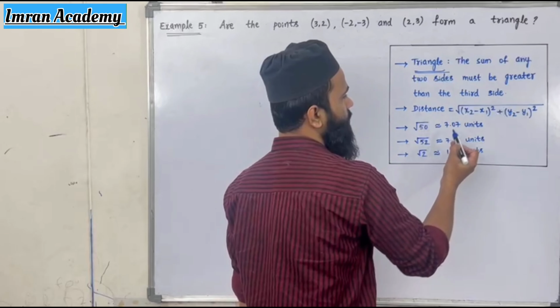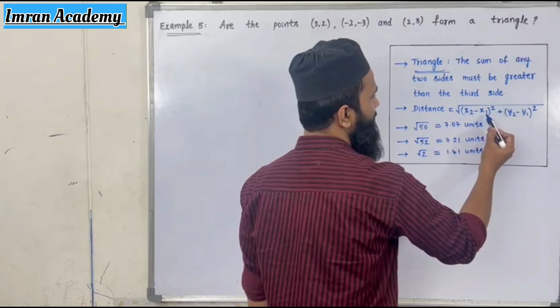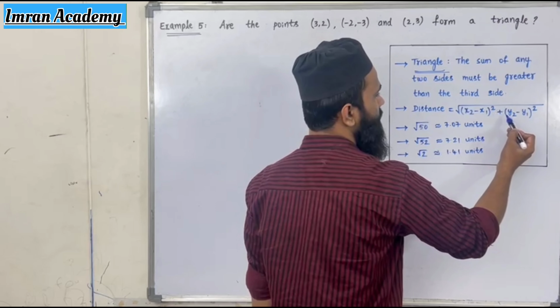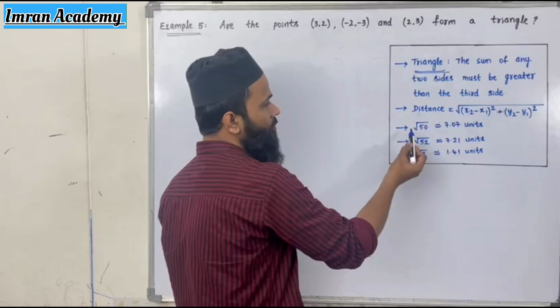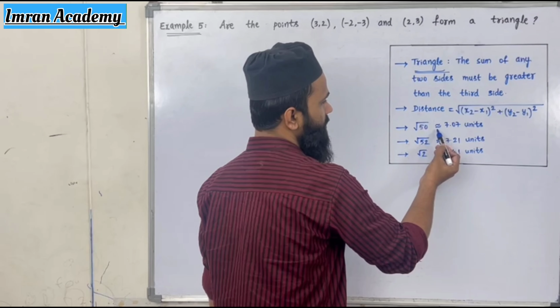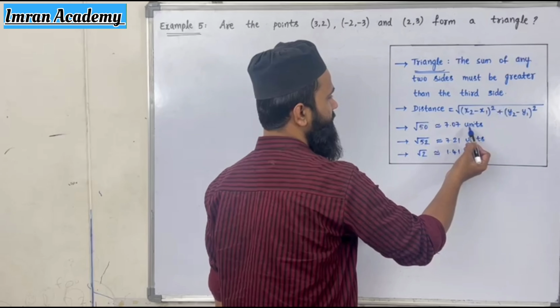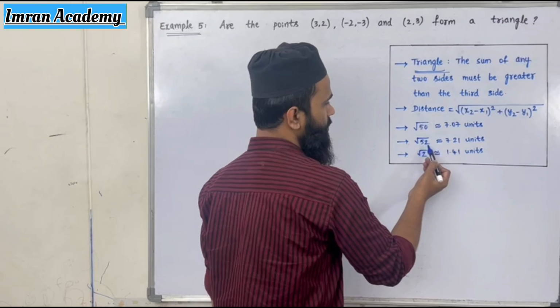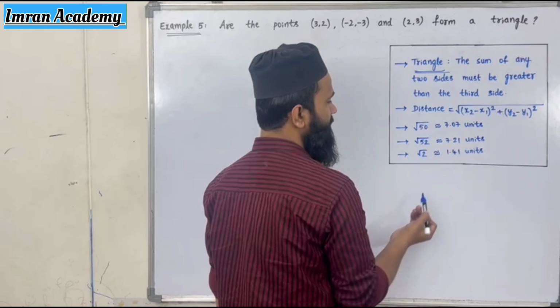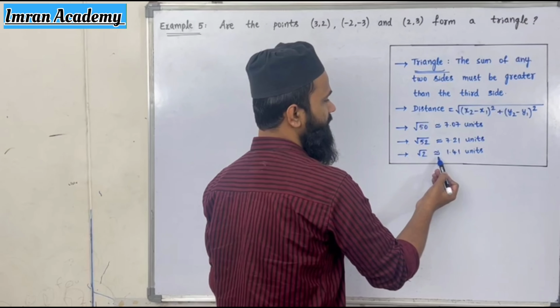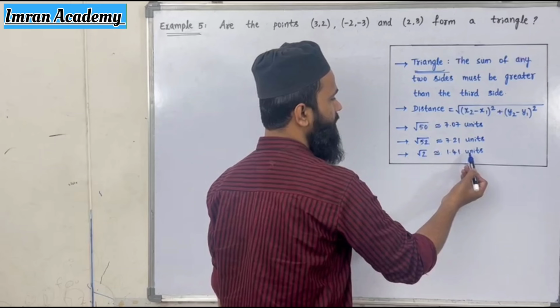Distance is equal to square root of (x2 minus x1) whole square plus (y2 minus y1) whole square. Root 50 is approximately 7.07 units. Root 52 is approximately 7.21 units. Root 2 is approximately 1.41 units.